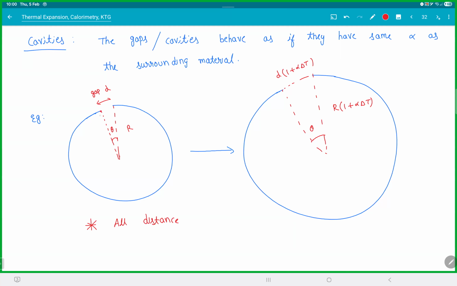What you're forgetting is this thing is also pushing outside. All distances increase by a factor of 1 plus alpha delta t, even if the body has cavities.